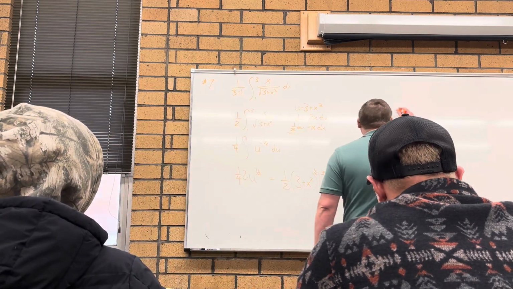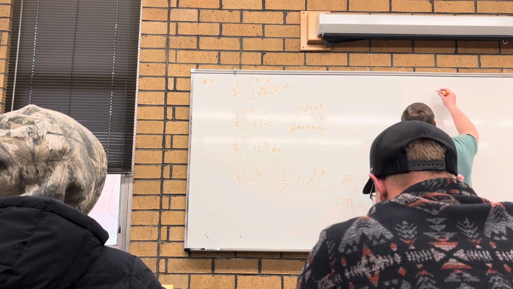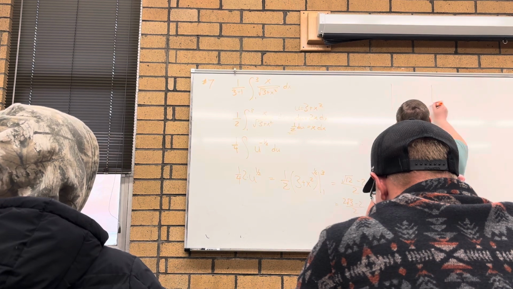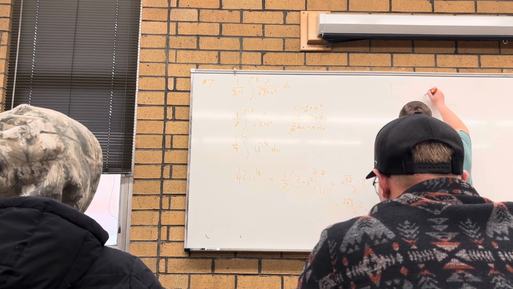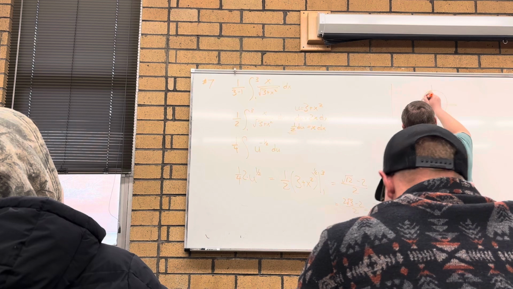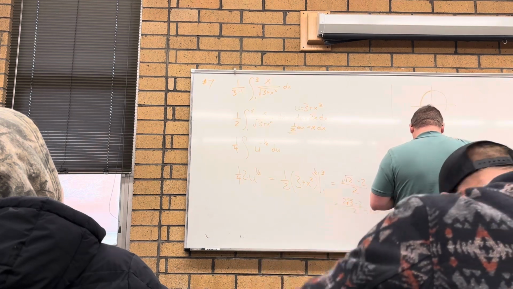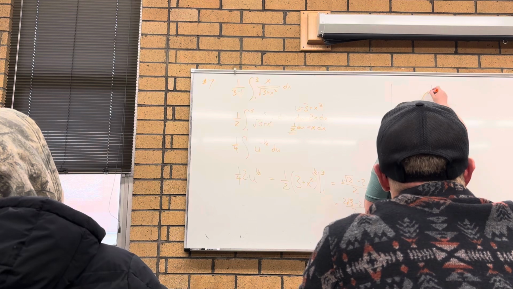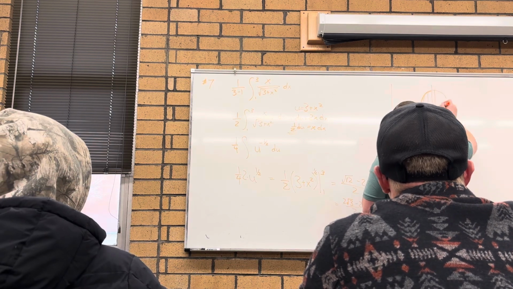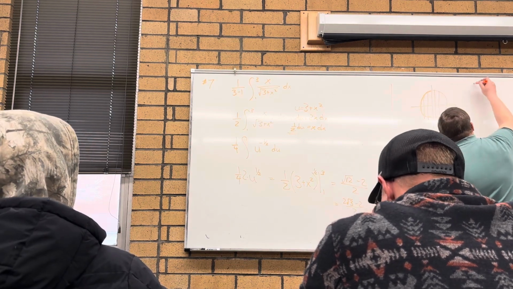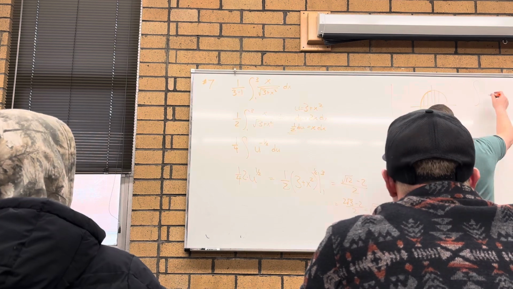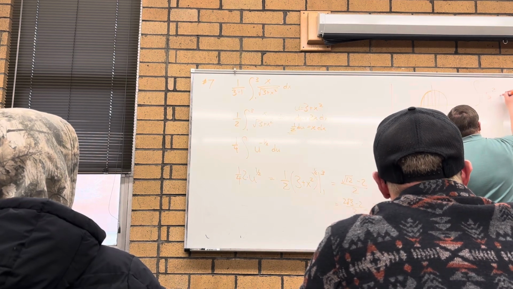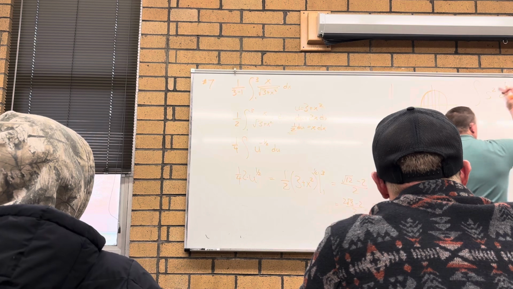All right, number 8. We had a shape that had a circular base, and the cross sections perpendicular to the base were squares. So I did it this way. Those are my cross sections. Those are squares. So my integral for the volume is going to be whatever the side length squared is.